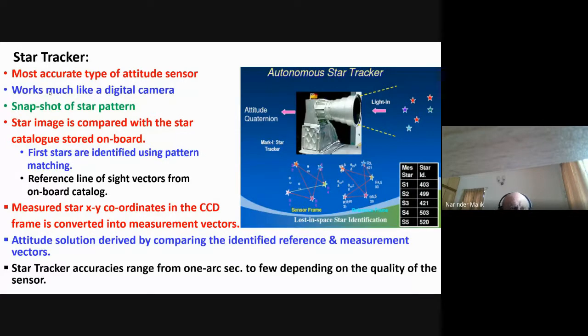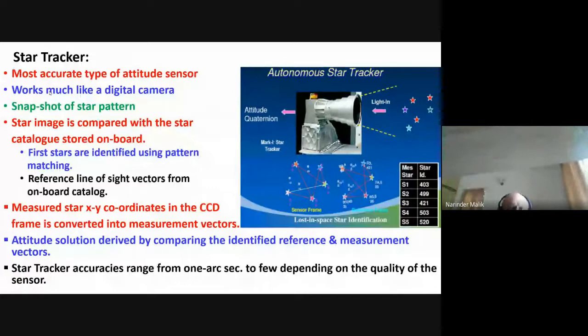The picture taken is compared with the stored catalog, because you know approximately at what time where the camera is looking. So you fetch the data of a certain region of the star catalog from the database, and you compare the star pattern taken by the camera, and then you identify the stars. And the catalog also shows you the actual direction vectors of those stars.